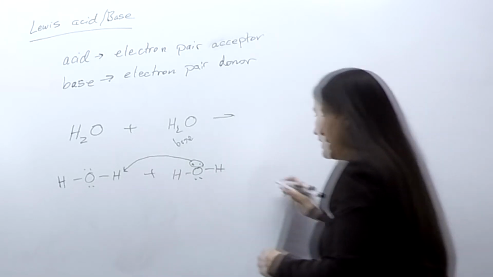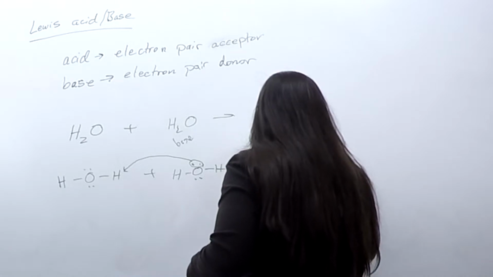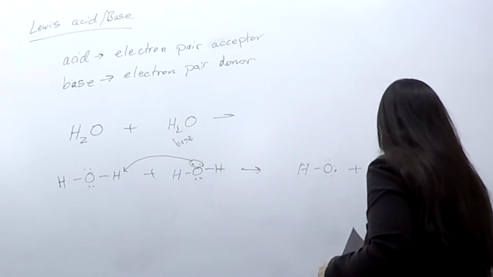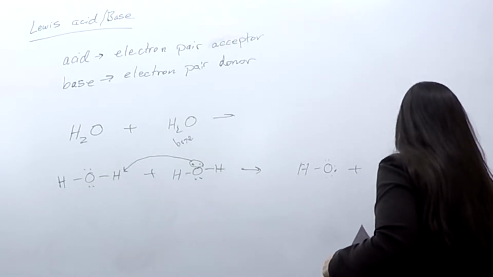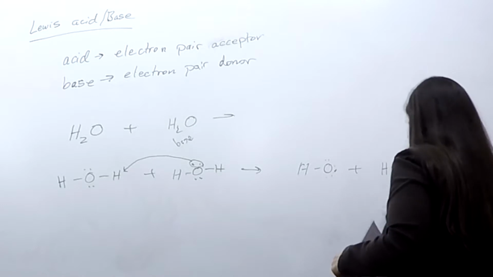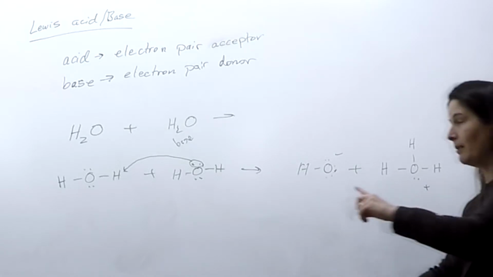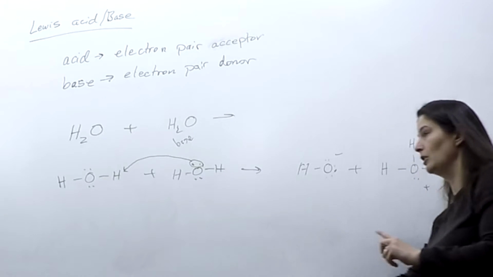So what you get is a hydrogen that moves from here, so the electron pair goes here, donates itself here, the hydrogen moves where the lone pair is.